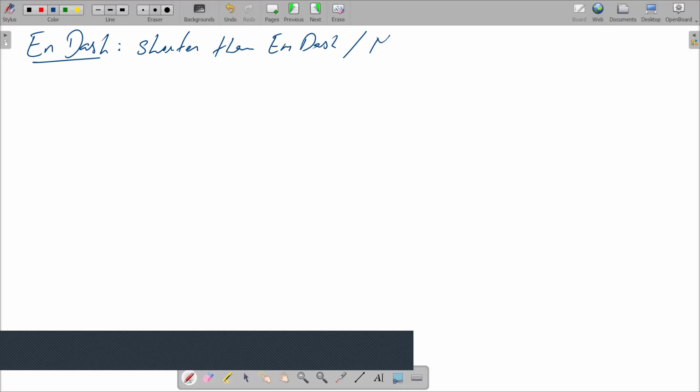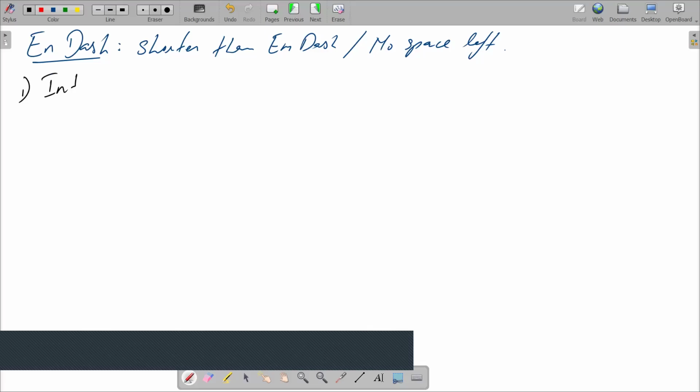And you don't leave any space, no space left on either side. So when you're writing it, right, whatever you're writing before and after the dash is right next to it. So one use for it is to indicate a range. Right? For example, in numbers, dates, something like that.